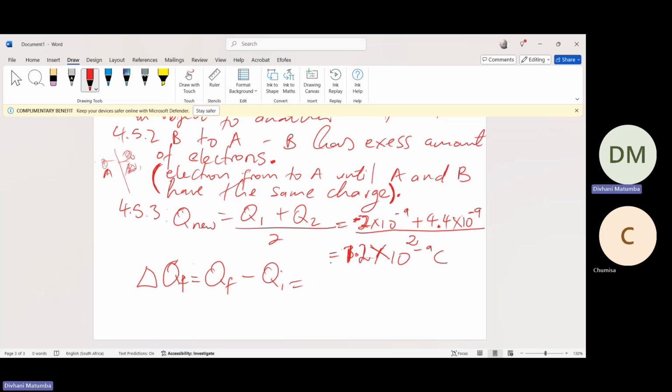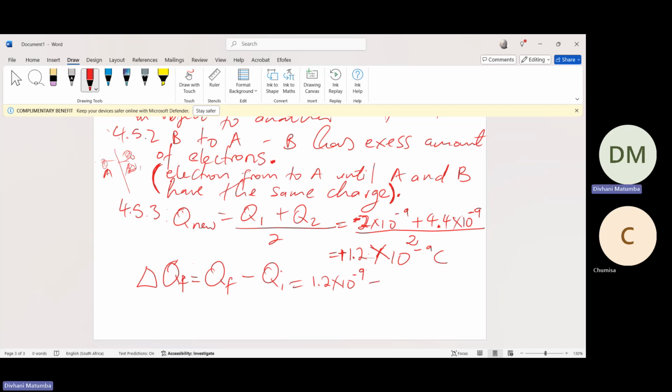Is Q positive or negative? It is positive. Which means after the contact, the two objects will be positively charged with a charge of 1.2 each. So Q final is 1.2 times 10 to the power of minus 9.